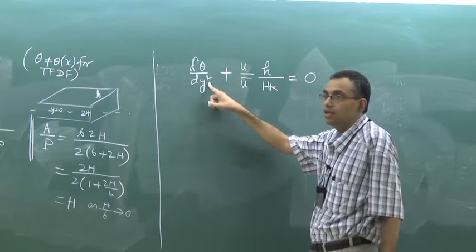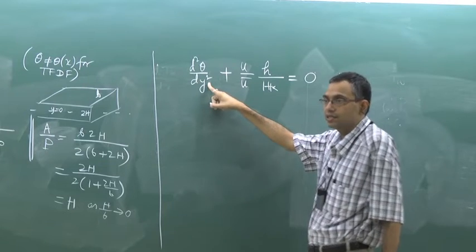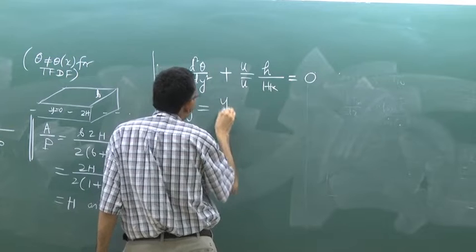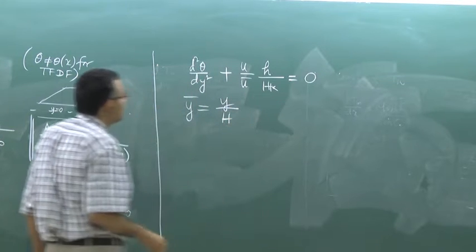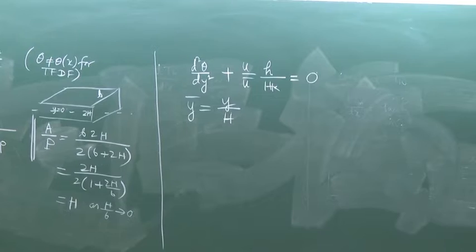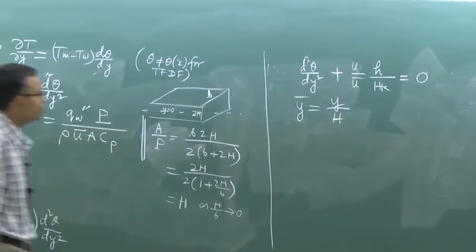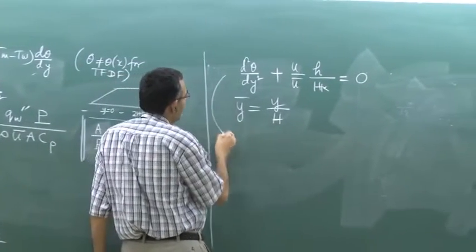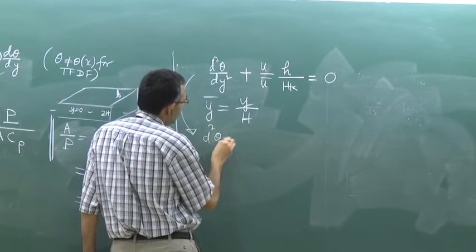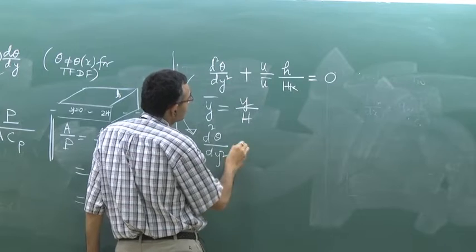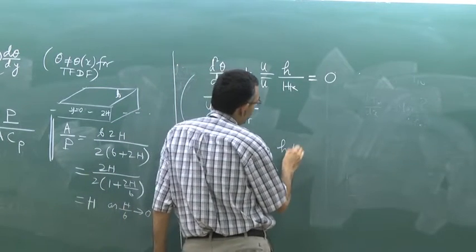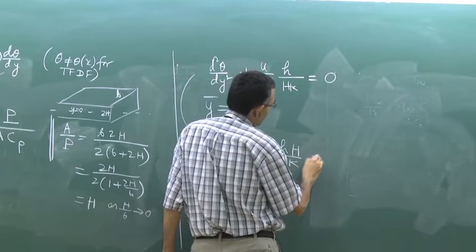Now you can non-dimensionalize this, right. You can define a new parameter y bar as y by h. If you define y bar as y by h, then this will be d²theta/dy² plus u by u bar into h by k is equal to 0.